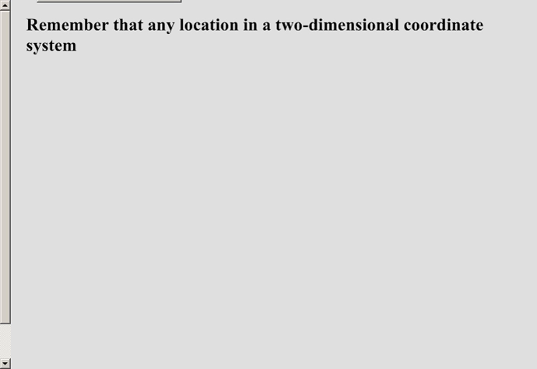Now, basics of graphing. Remember that any location in a two-dimensional coordinate system, and actually the name for that coordinate system, if you are unfamiliar with it, is called the Cartesian coordinate plane.